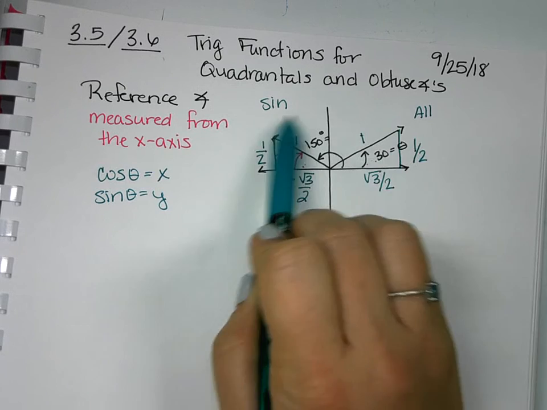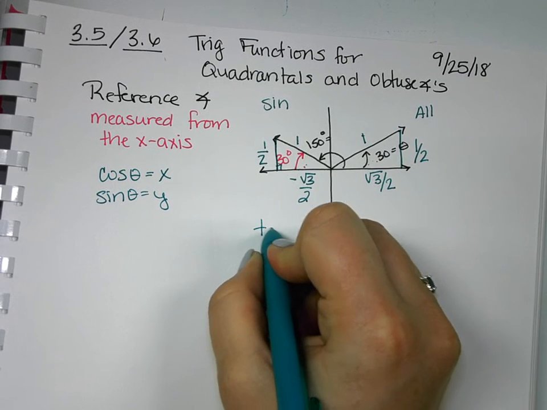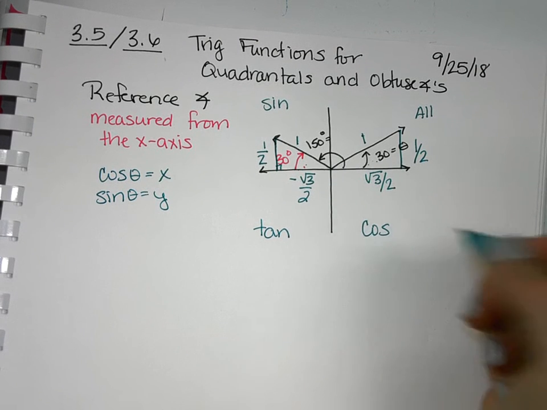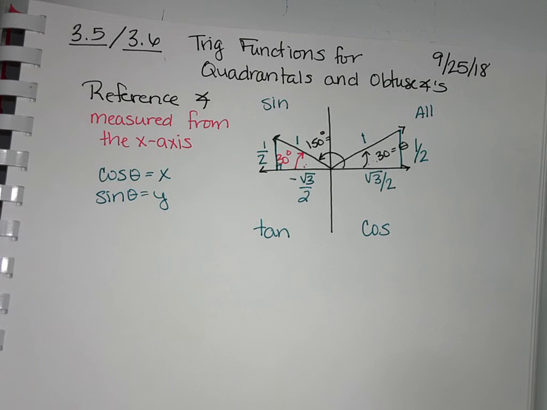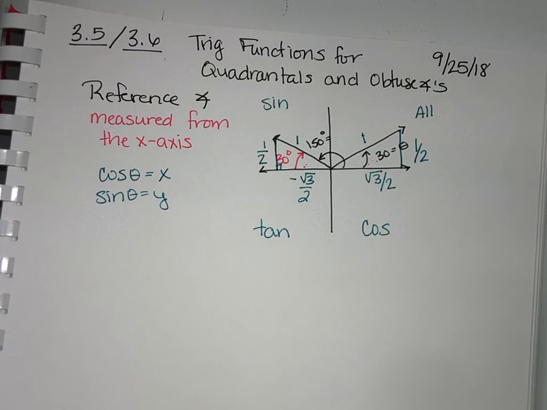We can do the same process for each quadrant, and over here we'll get tangent is the only one that's positive, and over here we'll get cosine is the only one that's positive. So we're going to have the same numerical values. The only thing that's different is going to be the sign of the value, S-I-G-N, not S-I-N. The sign of the value is the only thing that changes, depending on which quadrant it's in.